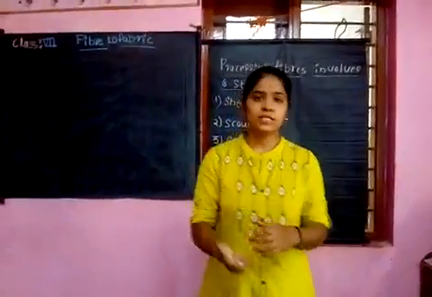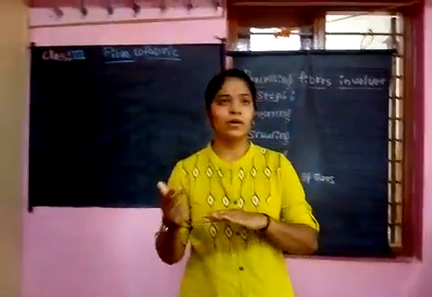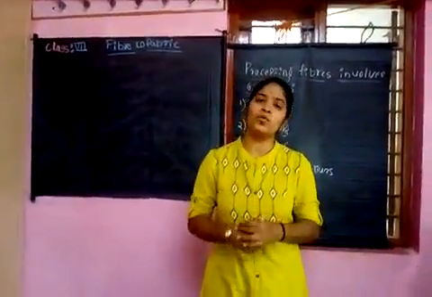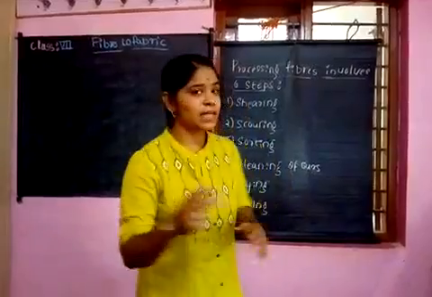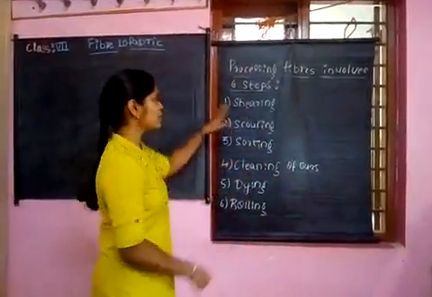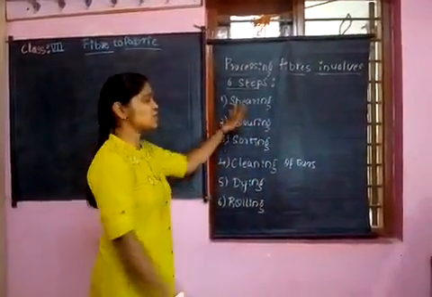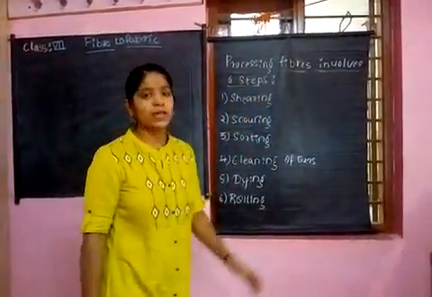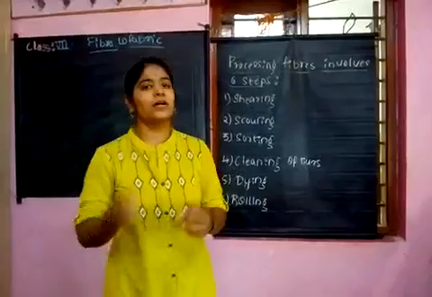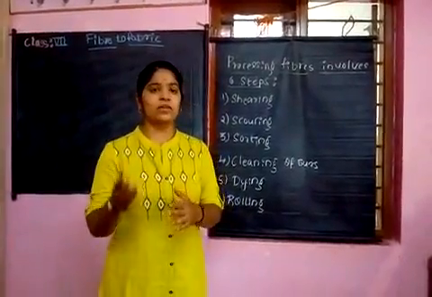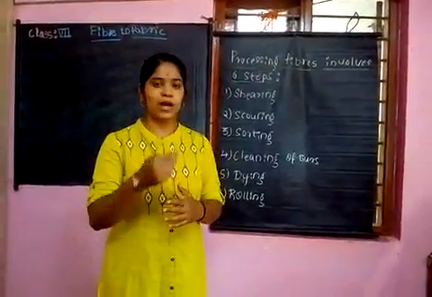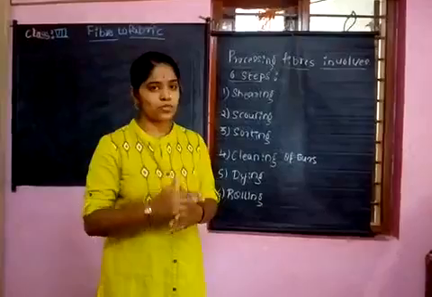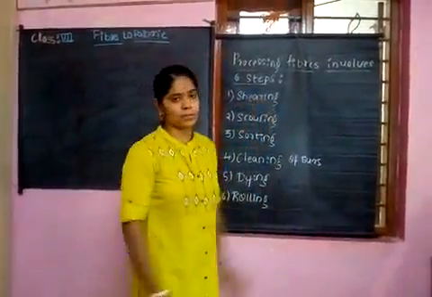So in this conversion of the fibers into a useful form of wool, it involves mainly 6 steps, right? As I told you, the first process is called shearing. What is shearing? The thin layer of the skin with the hairs of the sheep body that we collect, that process we call shearing.